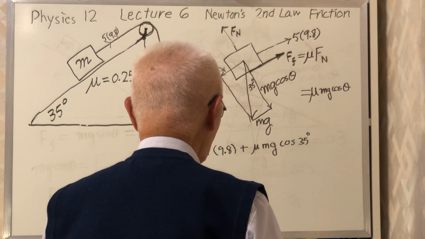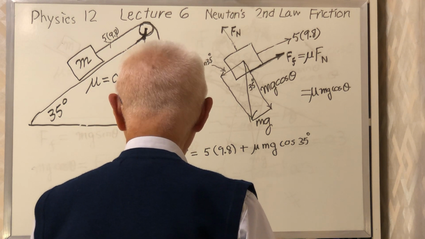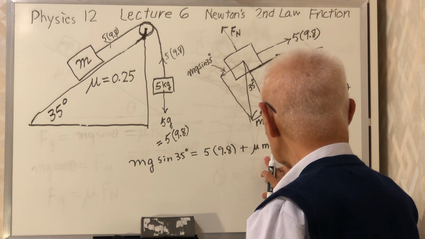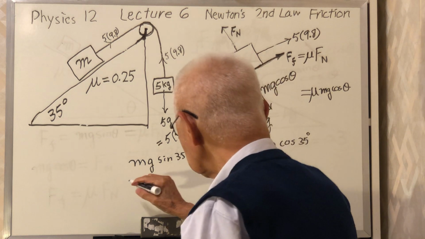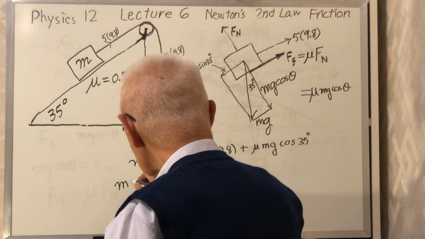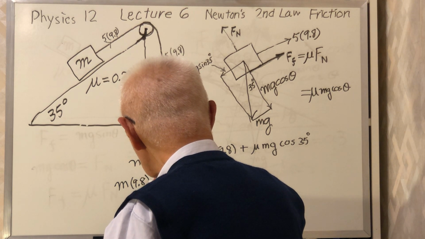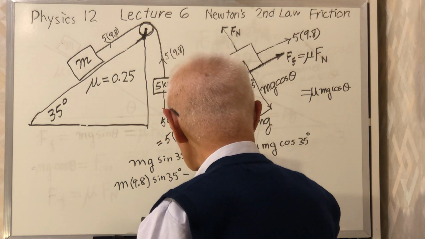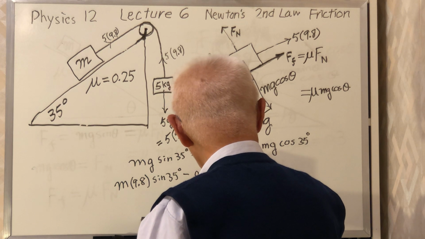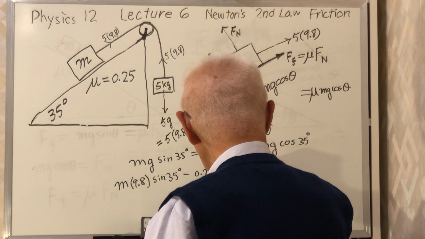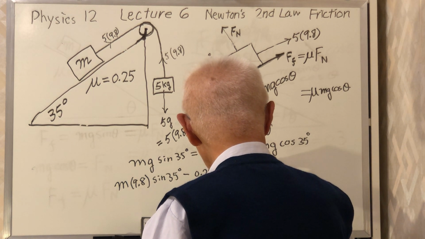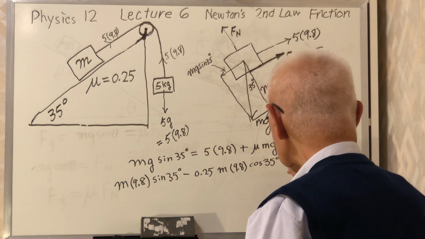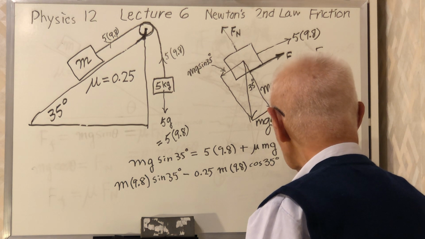Then, what I want to find is m. So I like to move this to this side. m times 9.8 sine 35 minus mu, which is 0.25, m 9.8 cosine 35, this minus that is equal to 5 times g, 5 times 9.8.